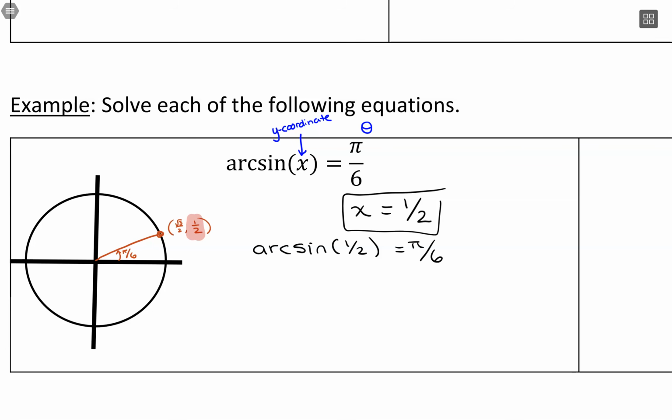Now, notice that this routine is how we have worked with trig functions originally. That idea of we have the angle measurement, find the coordinate. And that's because I could have rearranged this in this form where I don't know the input, but I know the output. If I switched that to our original form where we know the angle measurement, we would just plug that into our original function, and then I'm solving for what that value would be.